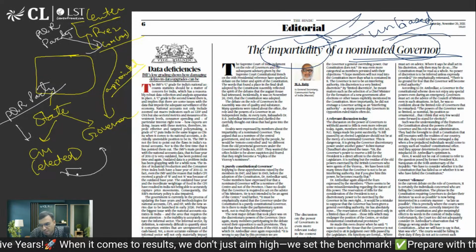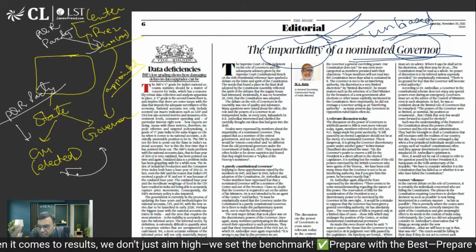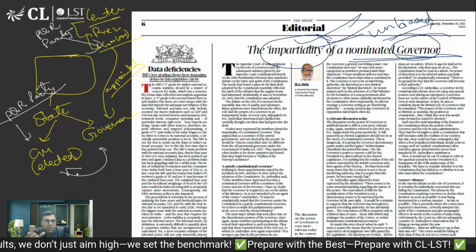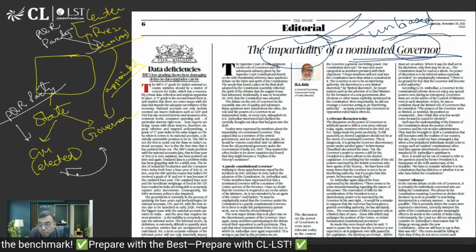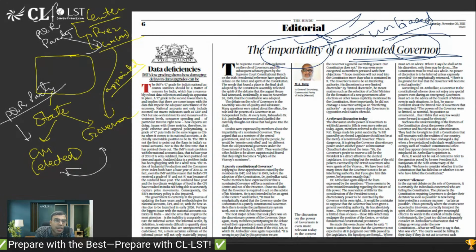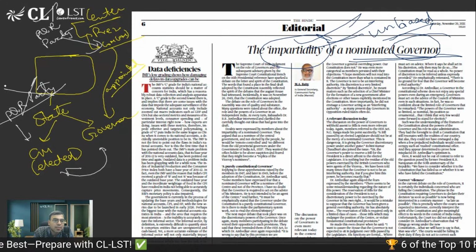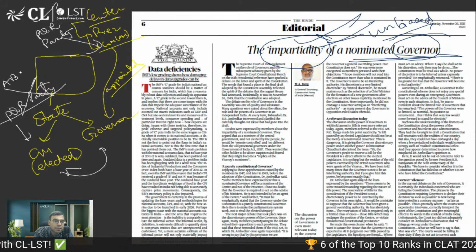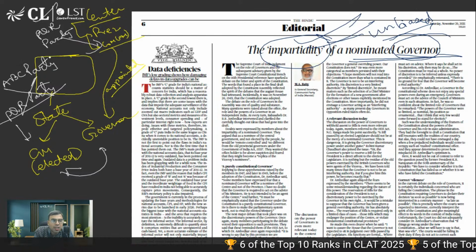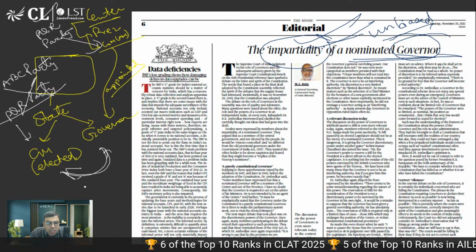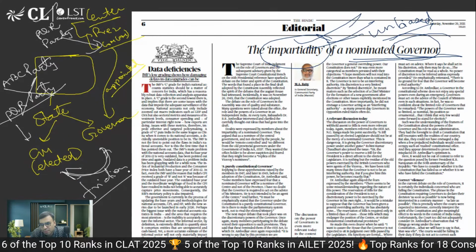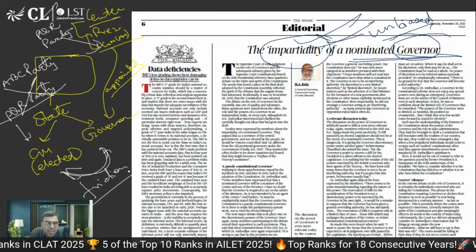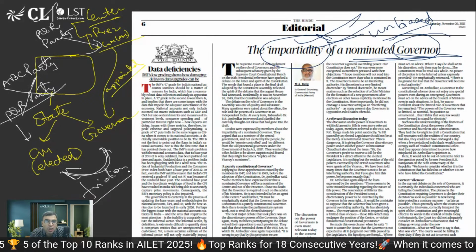This is what we have seen in the past, since 1947 till now. The problem starts if at the center we have PQR party and at the state there is some other party, let's say ABC party. In that case there are chances of friction, and we have seen many such cases, especially if the ruling parties in the center and the states are different or opposite.